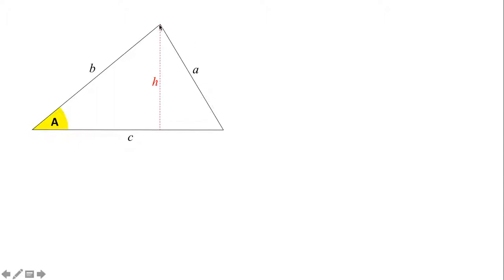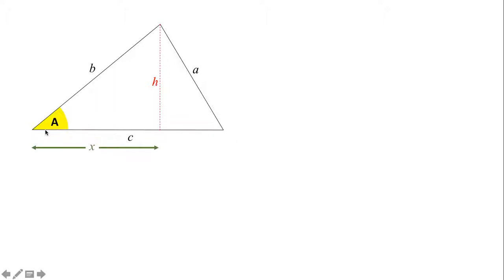So the first thing I'm going to do is drop a line down from the top, a vertical line. The way I've arranged this, side c is along the ground, horizontal. So I drop that line down from the top, and it's the height of the triangle, at 90 degrees to the base, which is c.